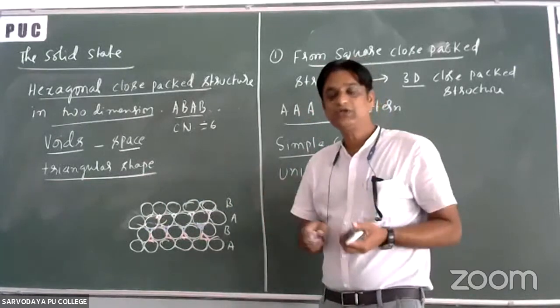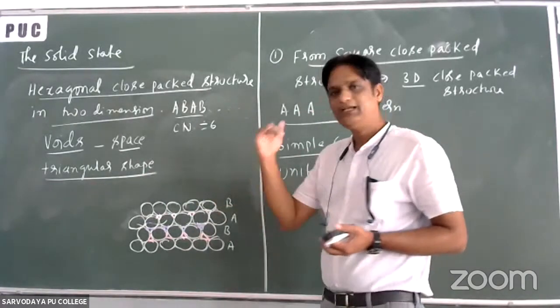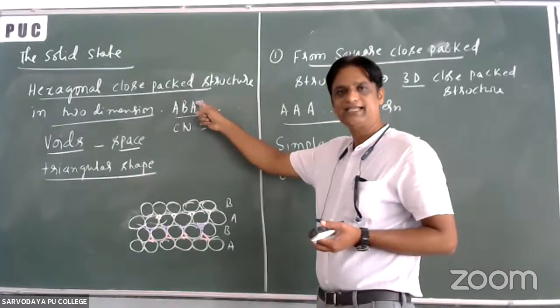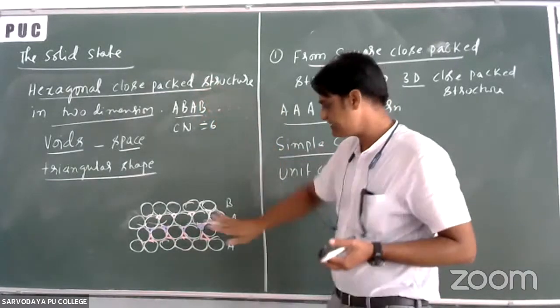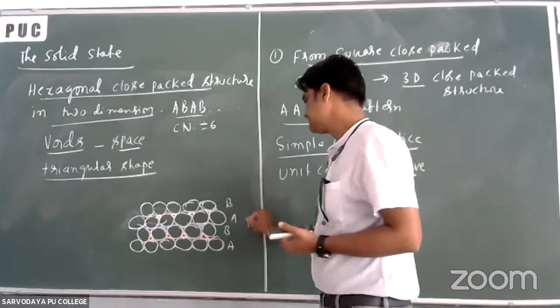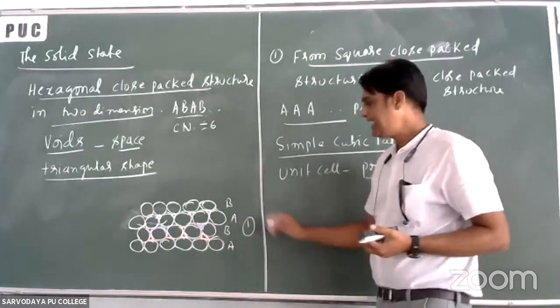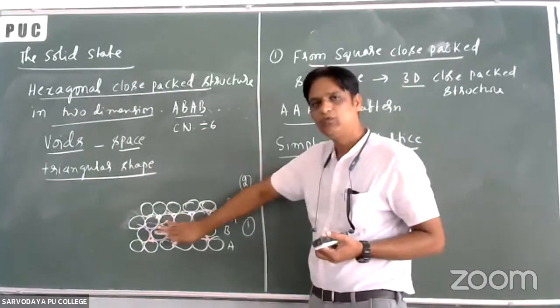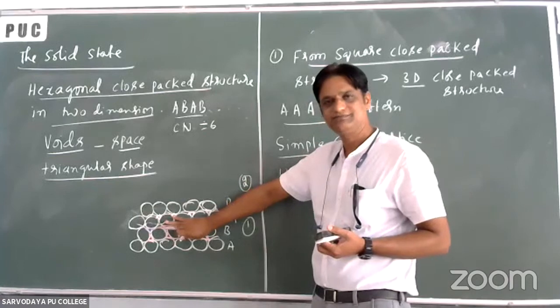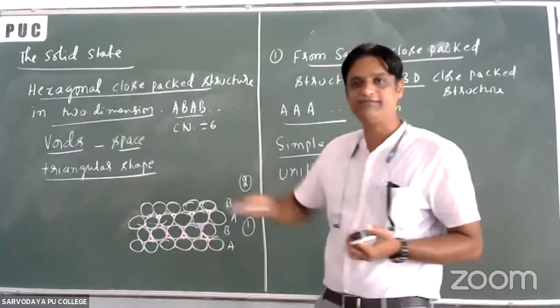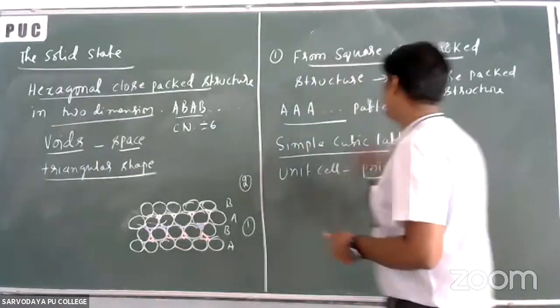So in order to get 3-dimensional structure, by starting with hexagonal close packed structure in 2 dimension, this is layer 1. And we have to place the second layer over this first layer. See how actually we can place the second layer over the first layer. That is very important.